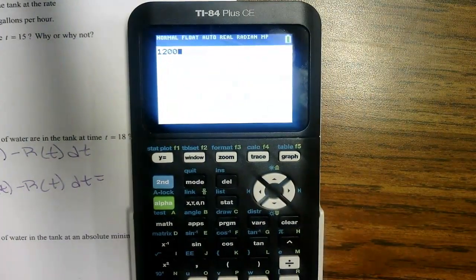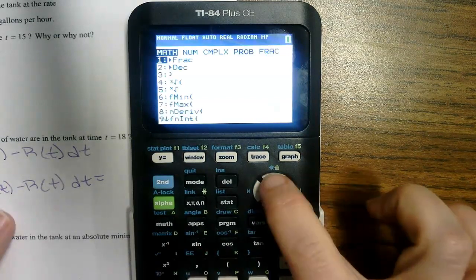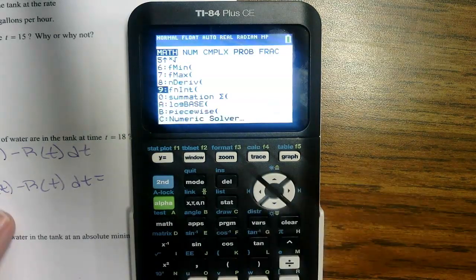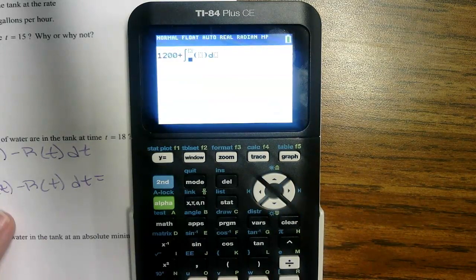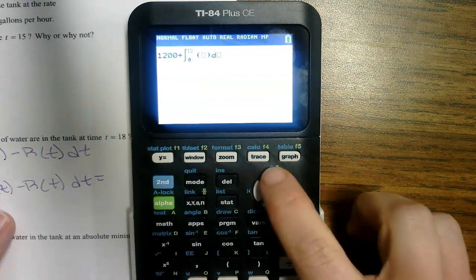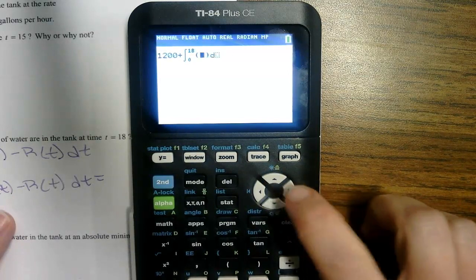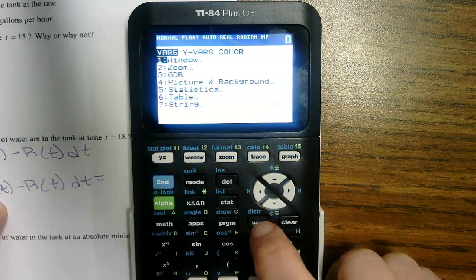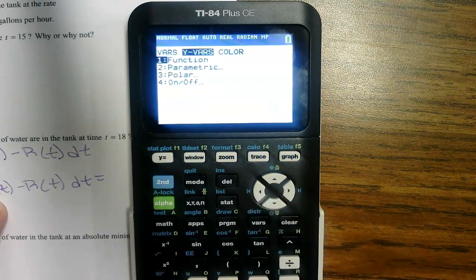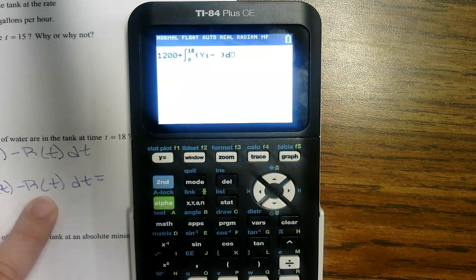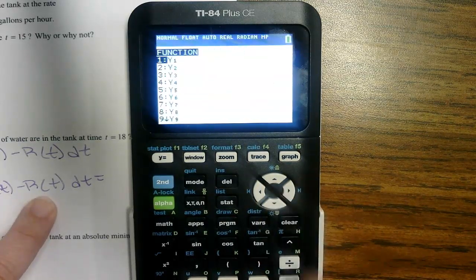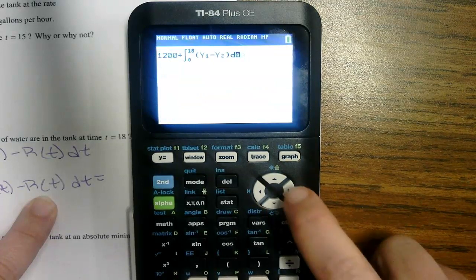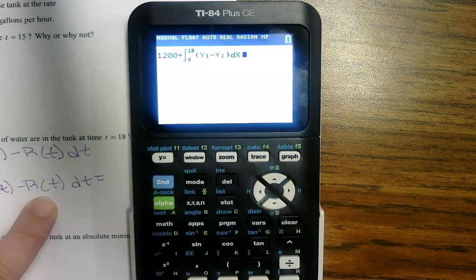If I want to do an integral, I'm going to do math, 9, fnInt, from 0 to 18. I put the W(t) function into Y1, so to get that, you go to vars, Y-vars, number 1, Y1, minus vars, Y2, dx, with respect to x.